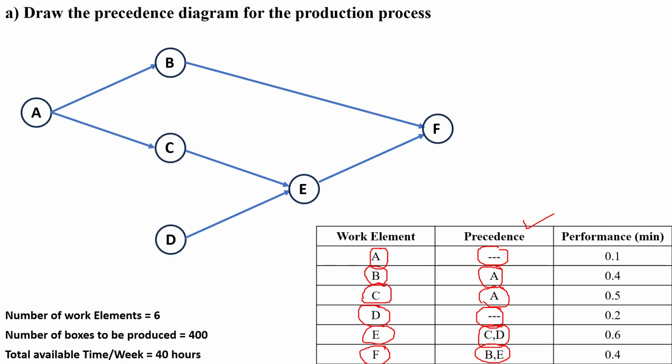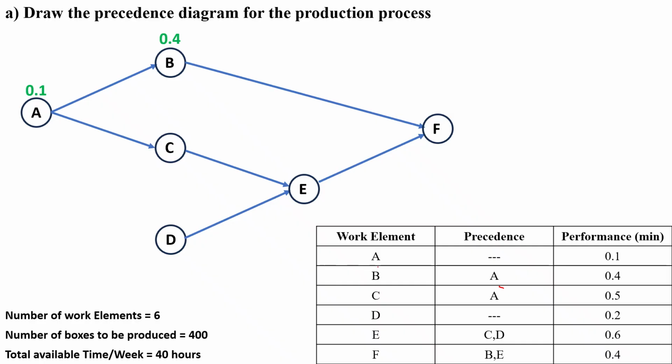So next we have to represent the performance time of each work element at the respective elements. First, the performance time of work element A is 0.1. So represent the 0.1 at the work element A. Next, for the work element B, performance time is 0.4.